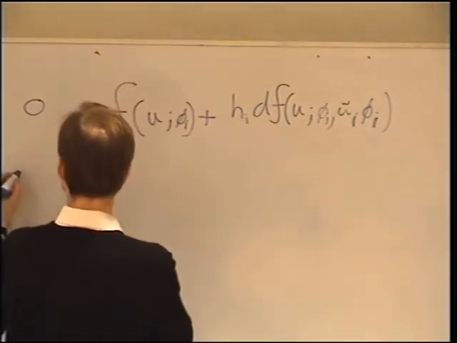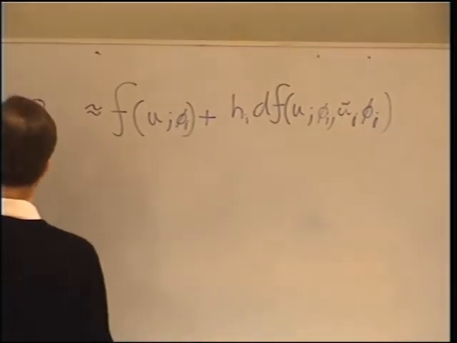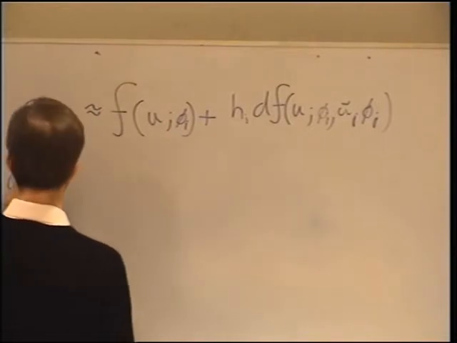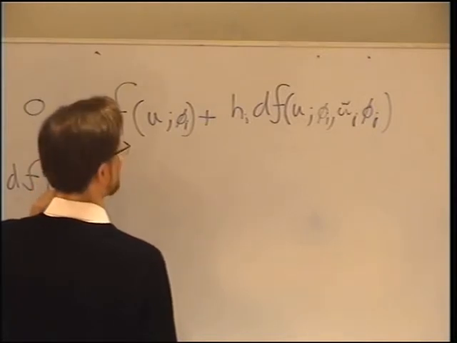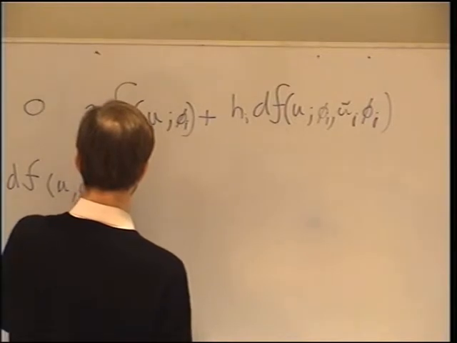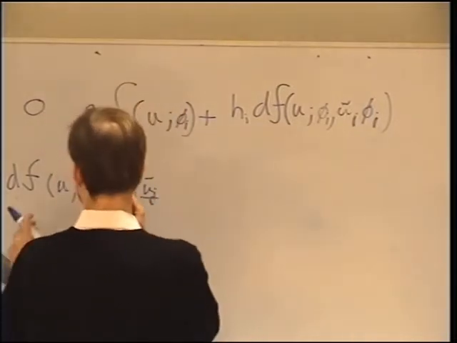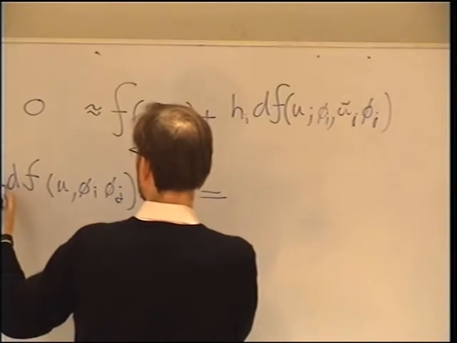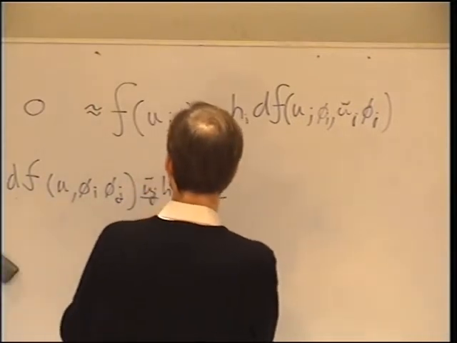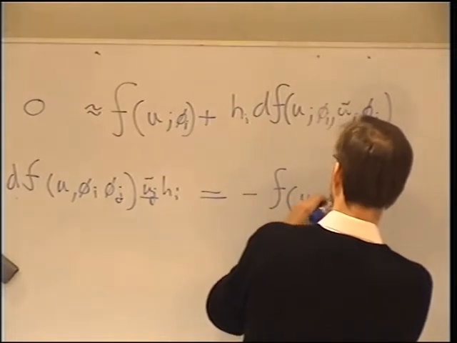We'll rearrange this the right way around. h, df at U, phi i, phi j, U tilde j, that is equal to, that's an h_i, which I should put on this side to make this clear, minus F at U, phi i.